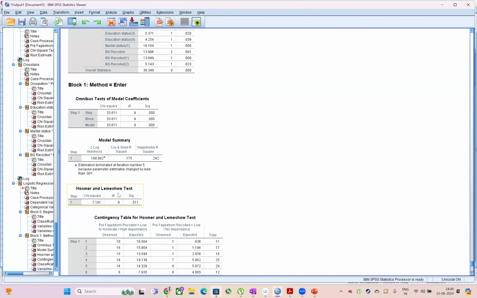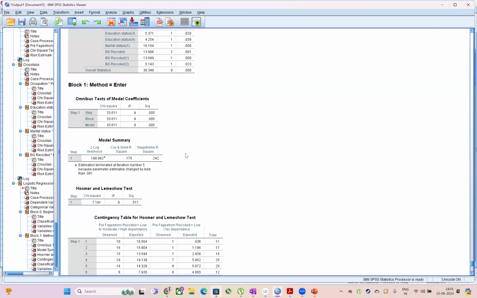So here you have the Hosmer-Lemeshow test and the R-square value. What is this R-square value? R-square value is 0.242, and Hosmer-Lemeshow is 0.517.